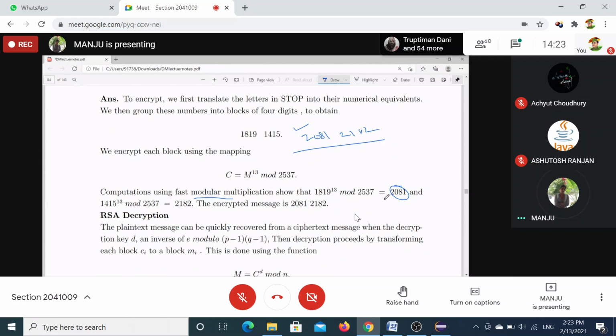This is your encrypted message. Now you want to decrypt it. That means you are given N and E, with P, Q, and E. So what do you do?